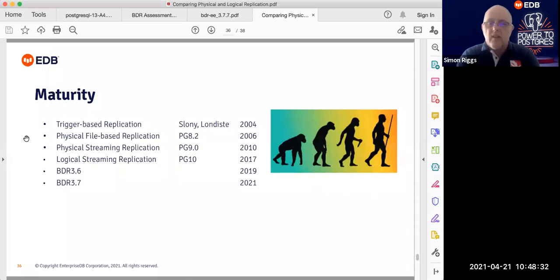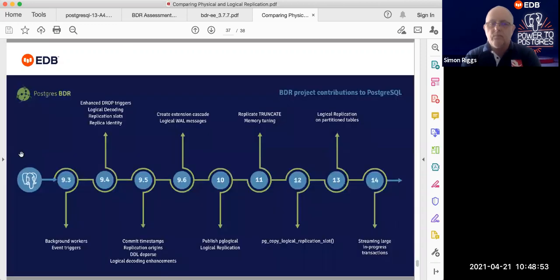But just to say that in terms of maturity, both technologies have attained a level of maturity, but there are still downsides in both cases, and you need to consider which ones you might want to use and how that affects your applications.